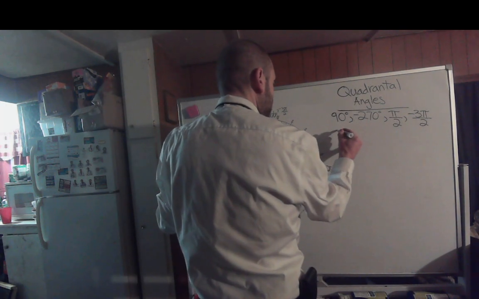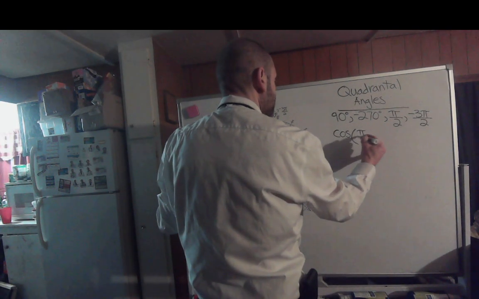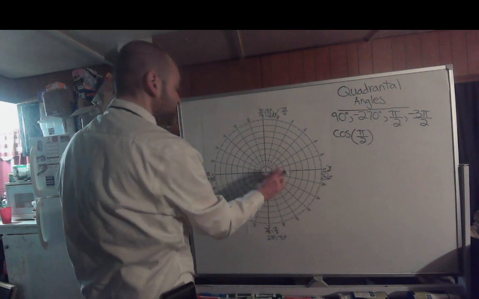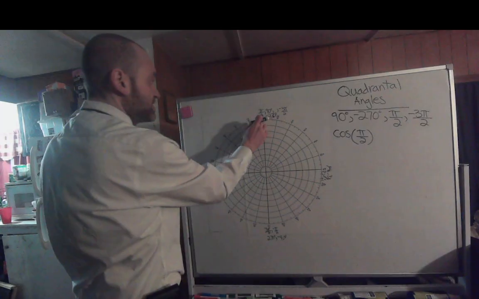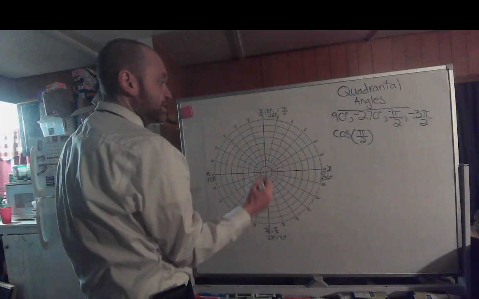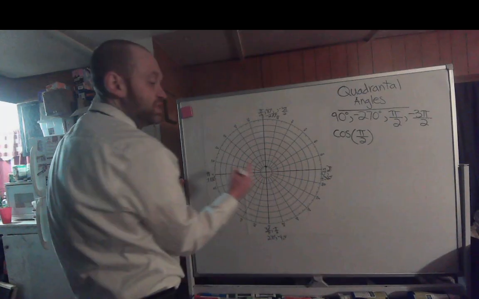So let's find the cosine of pi over 2. And again, I want to get us used to using radians. So what is the cosine of pi over 2? This is up here along the positive y-axis. The standard coordinate at pi over 2 is 0, 1.